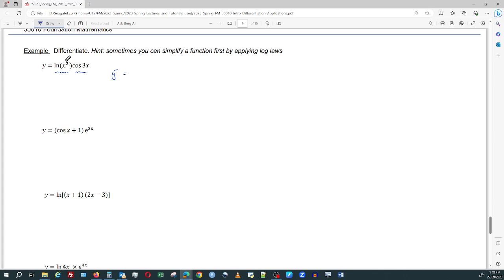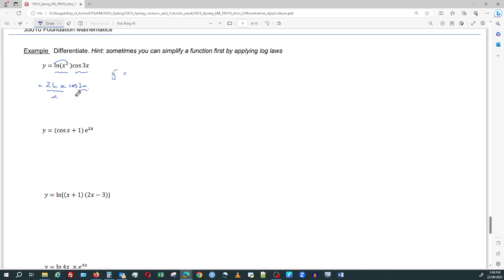So bring the 2 out the front. So we get 2 ln of x. There's a use of our cos 3x, that's a chain rule. So to get these out, it's a little bit of work. Okay. So the differential of the ln of x is 1 over x, so that'll be 2 over x.